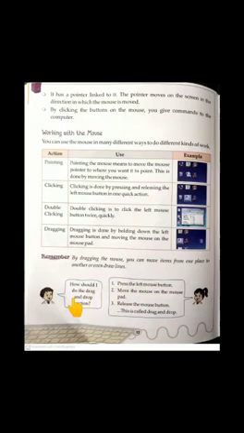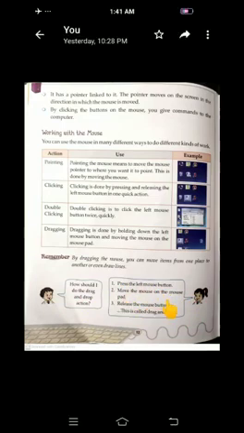Now look, there is a boy and a girl. The boy is questioning the girl. How should I do the drag and drop action? The girl is answering him. Press the left mouse button. Move the mouse on the mouse pad. Release the mouse button. This is called drag and drop.